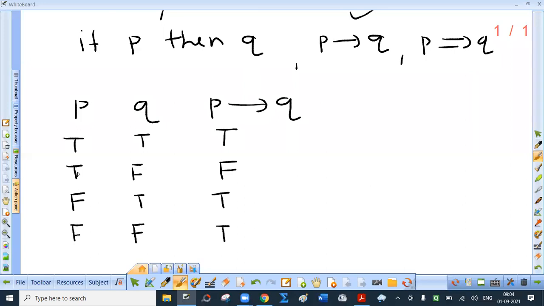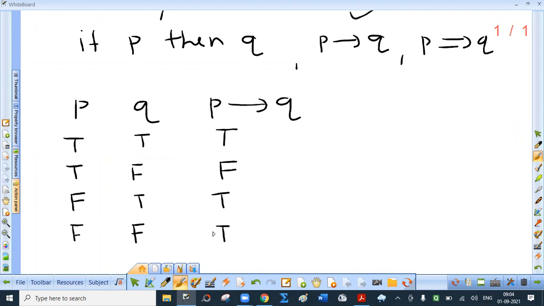So here, truth is implying false. Student has joined a coaching class and is not getting good marks, not allowed. Now student hasn't joined coaching class, still got good marks, possible, so true. A student hasn't joined coaching class, is not getting good marks, true.